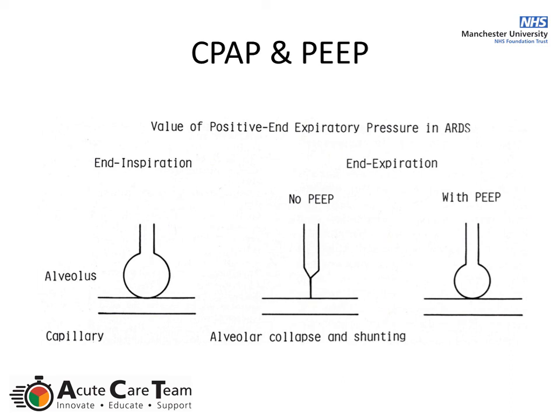Now, CPAP is a way of delivering PEEP, but also maintains a set pressure throughout the respiratory cycle during both inspiration and expiration. The application of CPAP maintains PEEP, and this can decrease atelectasis, increase surface area of alveolus, improves ventilation and perfusion matching, and hence improves oxygenation.